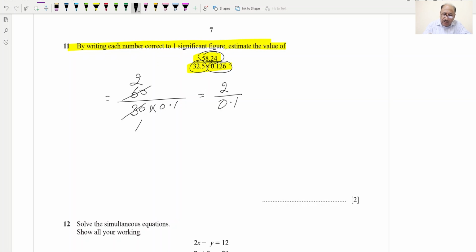And to get rid of the decimal in the denominator, we will multiply by 10 and this will be gone, so it will be 20. So the answer will be 20, which we can write over here.